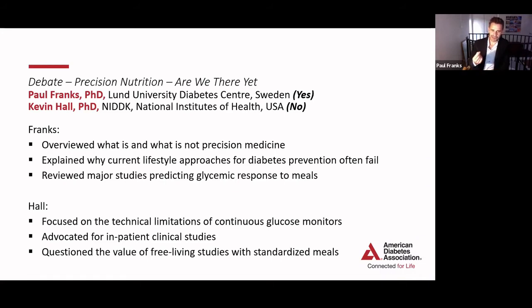The one last point I'll take, which came up in the discussion after we made our pitches, was about the noisiness of continuous glucose monitors. I showed data from the PREDICT trial where we included twins, and we can detect a large genetic component to the postprandial glycemic response based on CGM data.